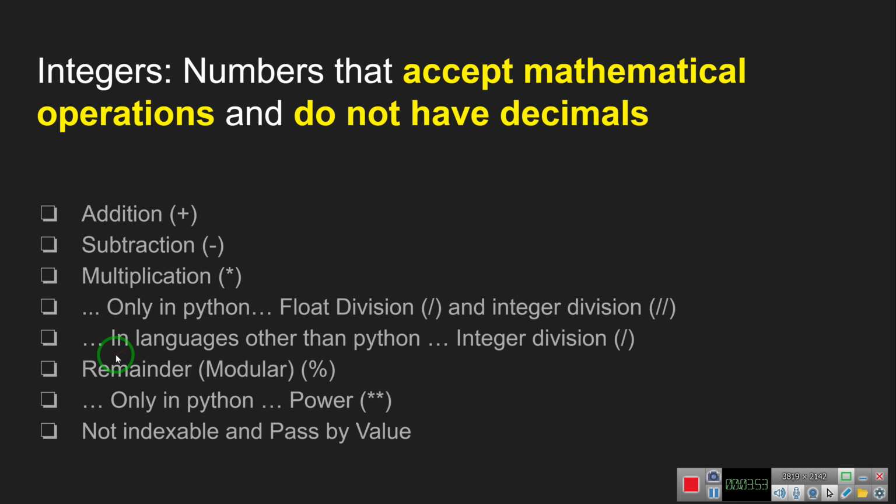Okay, so let's see what happens in languages other than Python, for example Java or C++. Whenever you're programming in Java or C++, you declare beforehand what type a variable is going to represent. So if you're dividing two integers, the answer will always be an integer division.